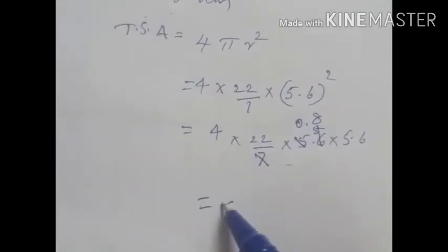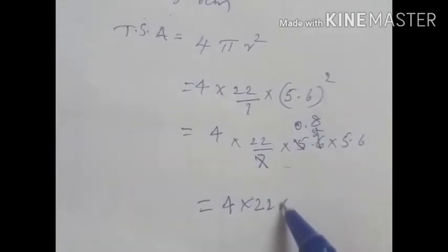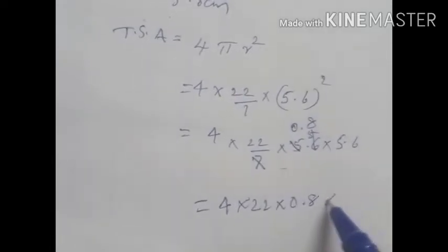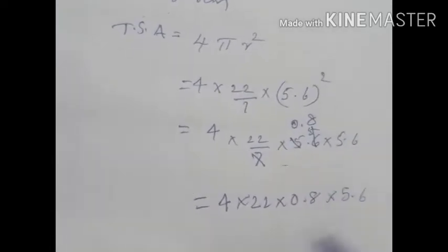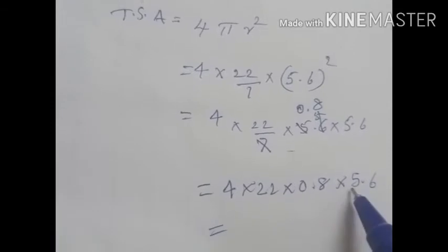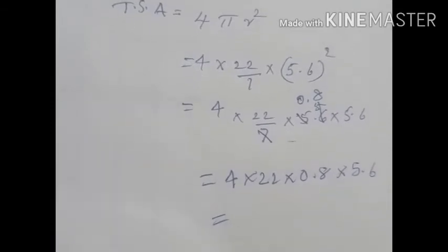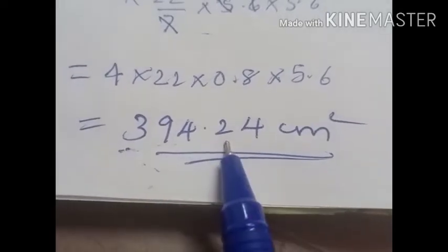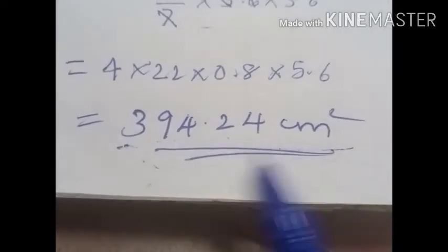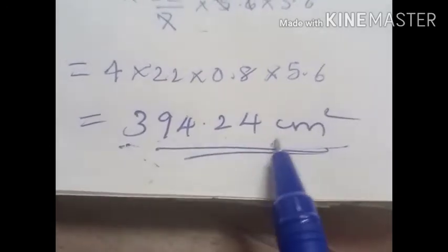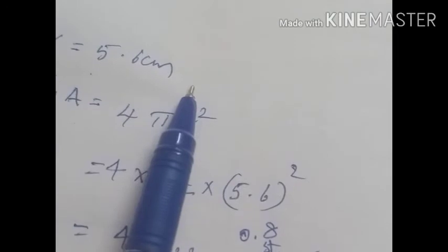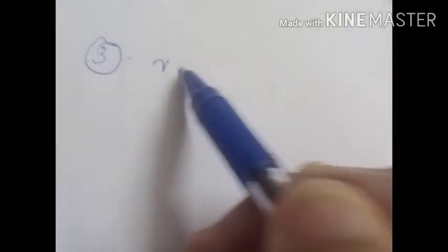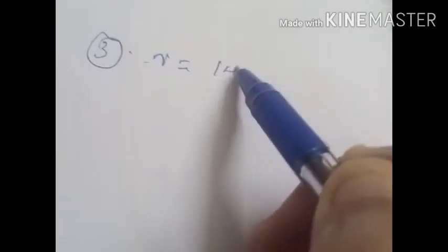So our answer will be 4 into 22 into 0.8 into 5.6. Then we multiply these all and find the answer, which is 394.24 centimeter square. This is the surface area of the sphere when the radius is 5.6 centimeter.